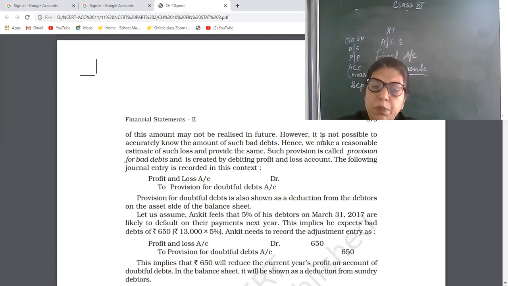This part of profit kept aside for bad debts is known as provision for bad and doubtful debts. It is created by debiting profit and loss account, because all these provisions are to be created from the P&L account.